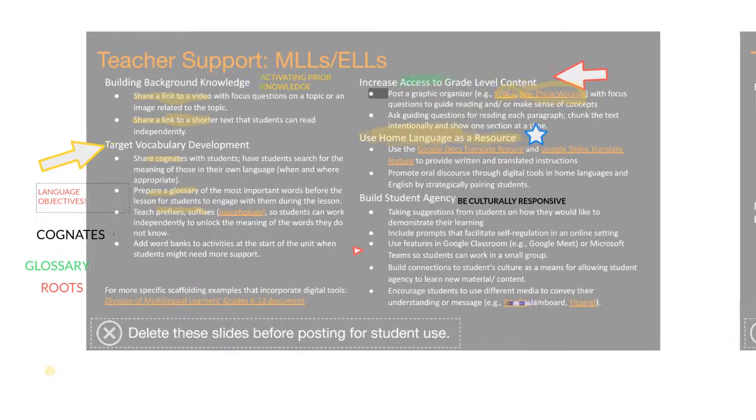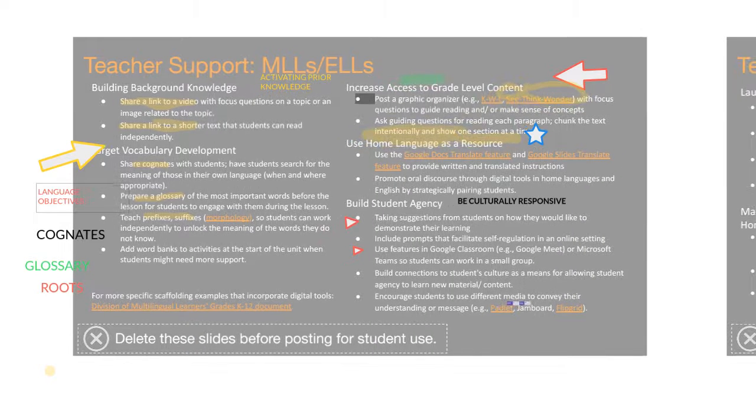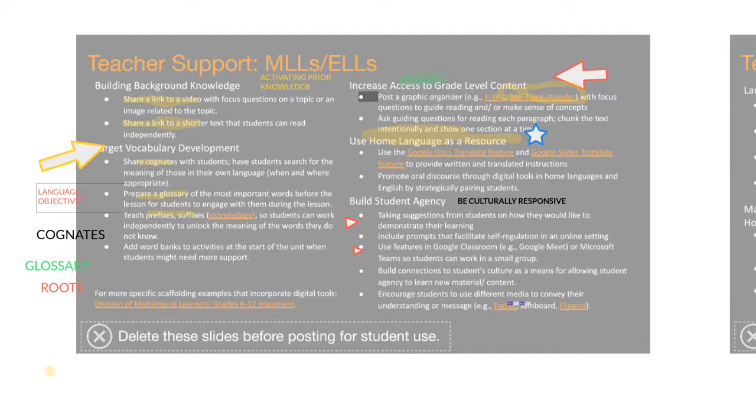Encourage your students to use different media to convey their understanding or message, and take suggestions from your students through surveys or through questioning your students. Make sure your students are helping to design rubrics in the classes, and make sure to establish always a time in your classes for students to reflect on their own learning.